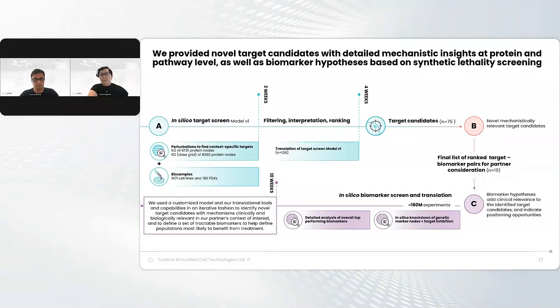And also you can test a very wide effect range of your target perturbations to be able to identify predictive biomarkers, potentially synthetic lethal pairs, or also combination target partners. And within this project, I think within these steps we ran more than 300 million experiments.